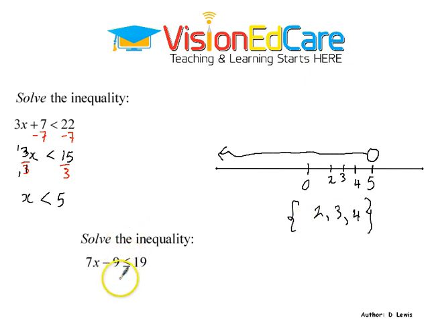Okay, so here we have another inequality. We have 7x minus 9 is less than or equal to 19. So we need to solve for x. So we need to get rid of the minus 9. So if we add 9 to both sides here, that's less than or equal to 19 plus 9.